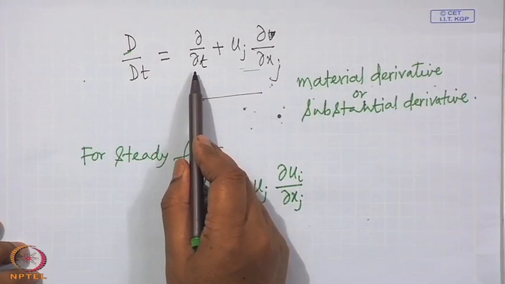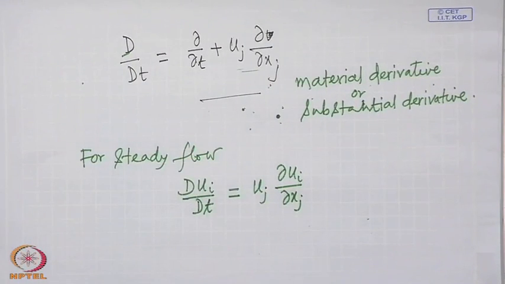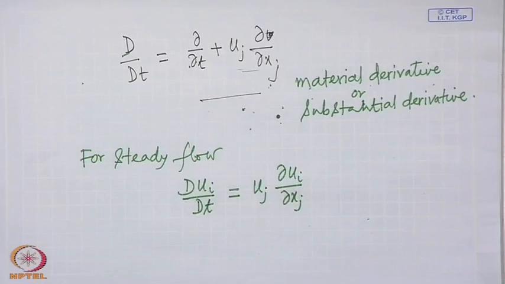This first term refers to the change in velocity at the same position with time, at a fixed position. This part is usually called the local acceleration.